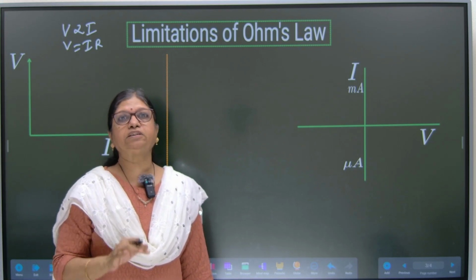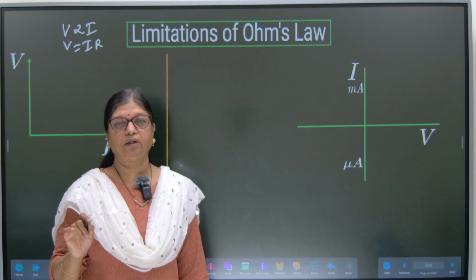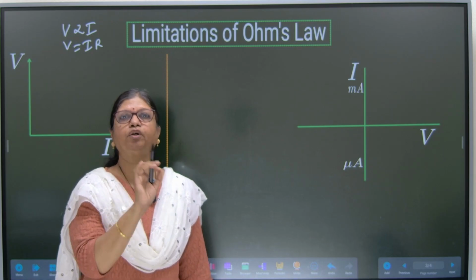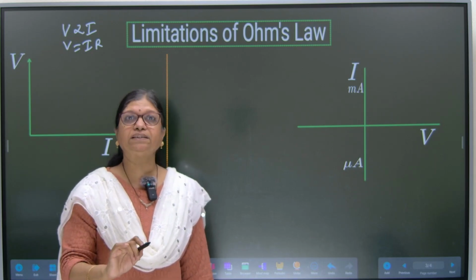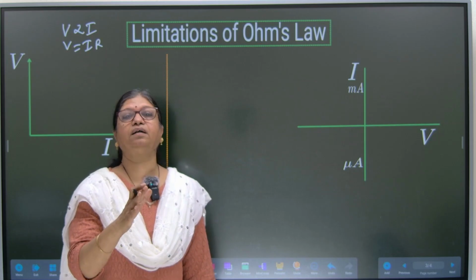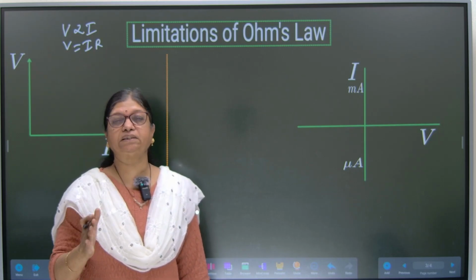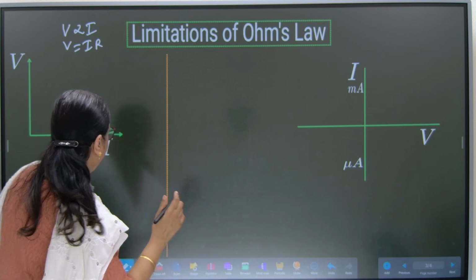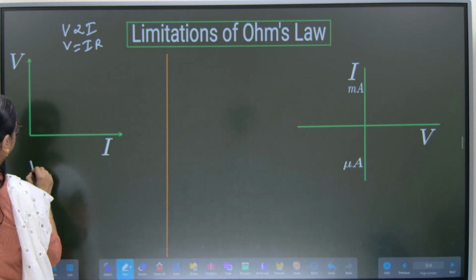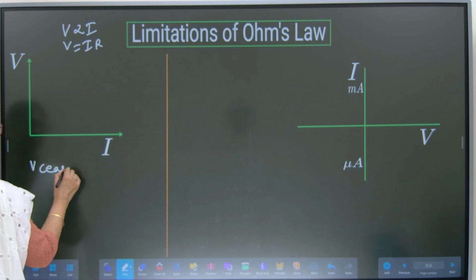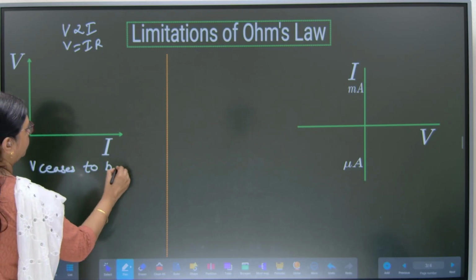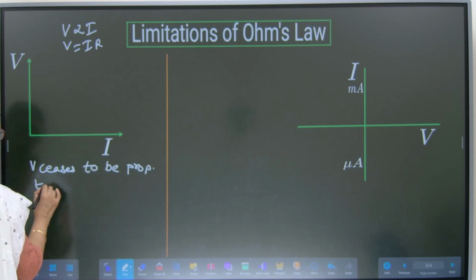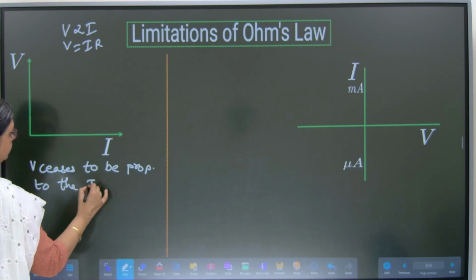Which means if we draw a graph between V and I, it should be a straight line starting from the origin. It is always like that, but as the current increases, V ceases to be proportional to I. What is the first limitation? V ceases, means stops, to be proportional to the current.